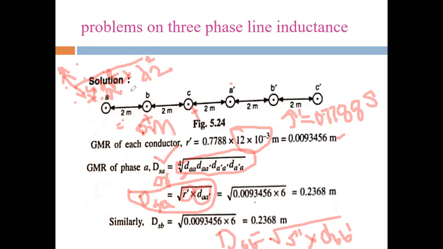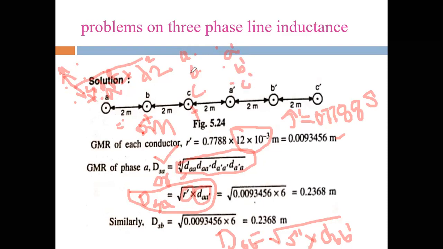In the previous problem, if the conductors are arranged in parallel, this is A, B, C, this is A dash, this is B dash, and this is C dash.